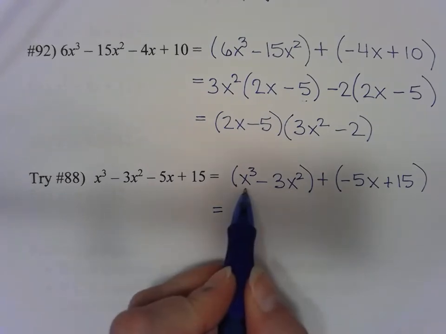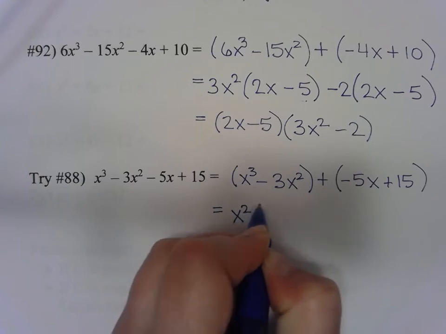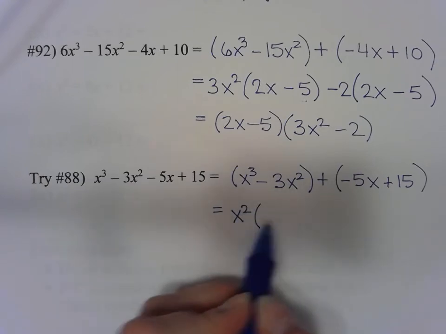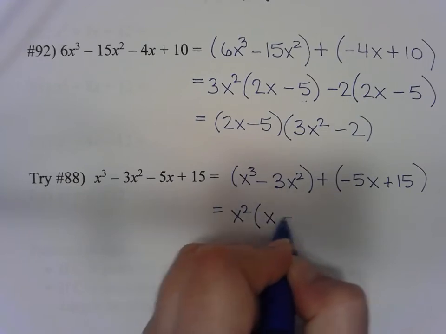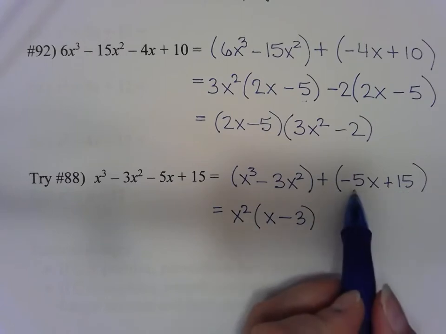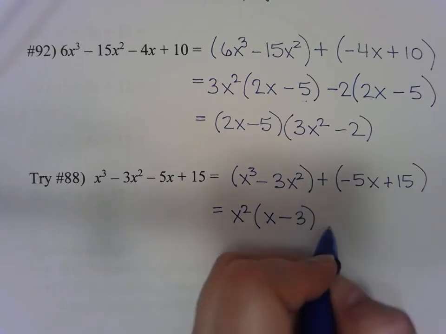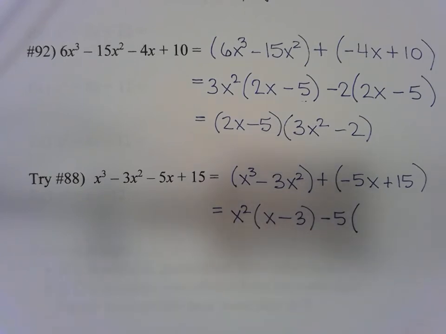The GCF between these two terms is x squared. When I divide out the x squared, I'll have an x and a minus 3. These two terms share a 5, and I'm going to factor it out as a negative 5.